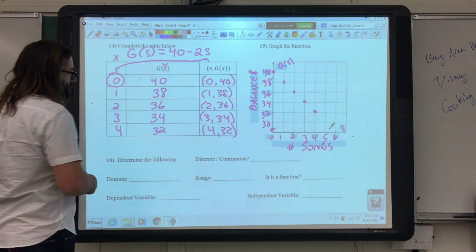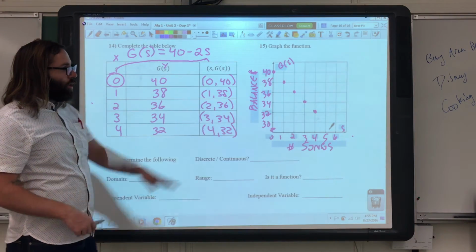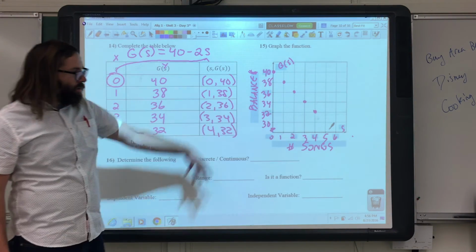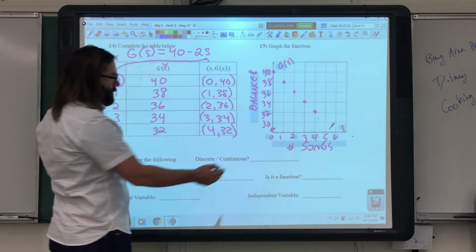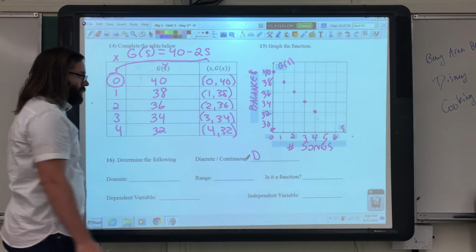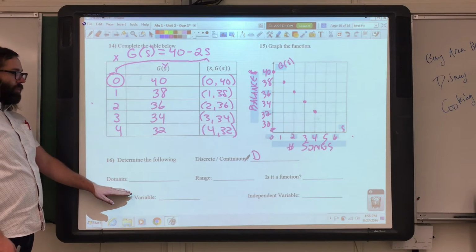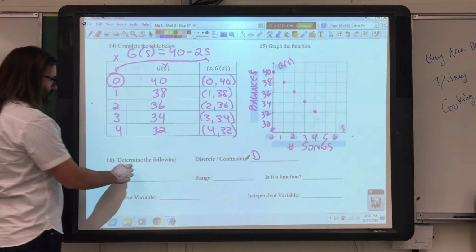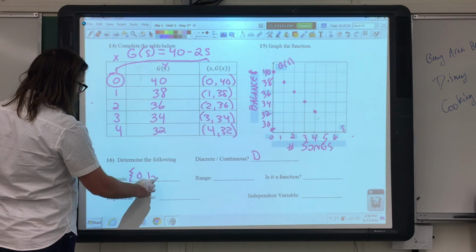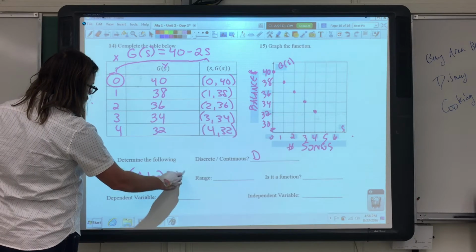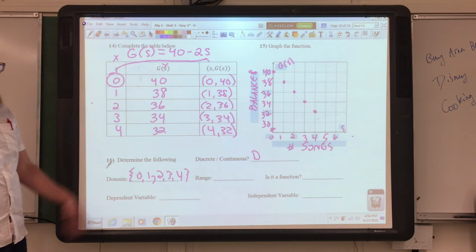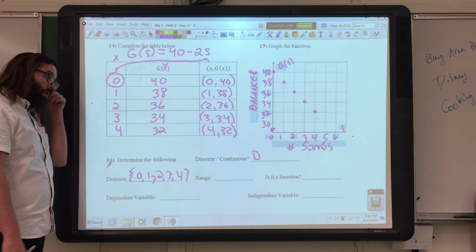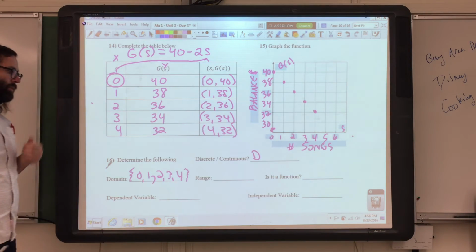So, is this discrete or continuous? Are these connected? Can you have 1/2 songs downloaded? No, they're not connected, so it's discrete. Your domain is your x values, which can go from 0, 1, 2, 3, 4. Okay, it could go on until you ran out of money.